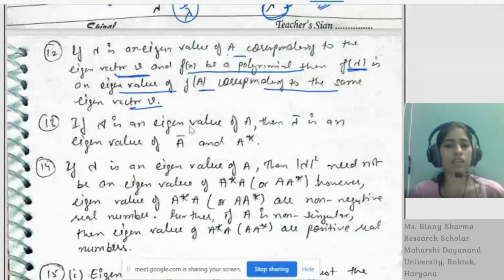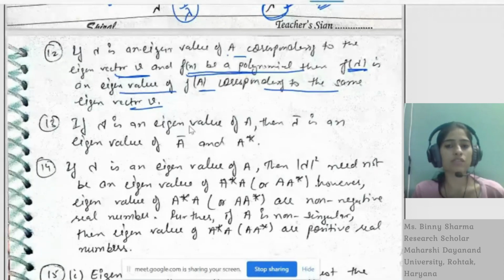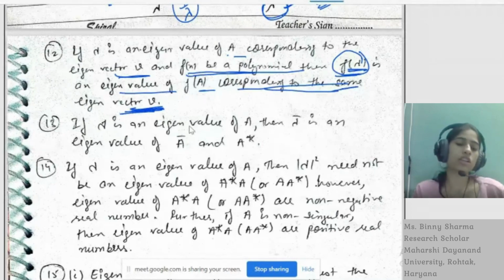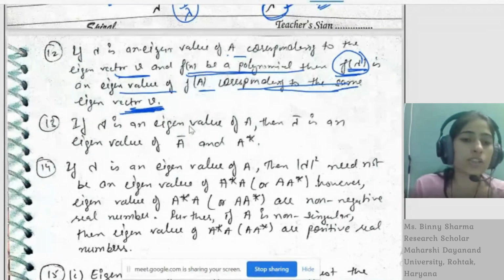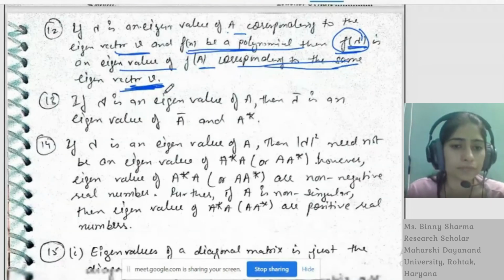So f(x) can be a polynomial, and to find the eigenvalues of f(A), we just put x equals lambda, that is f(lambda). And similarly, corresponding to the same eigenvector V, there is no change in the eigenvector.